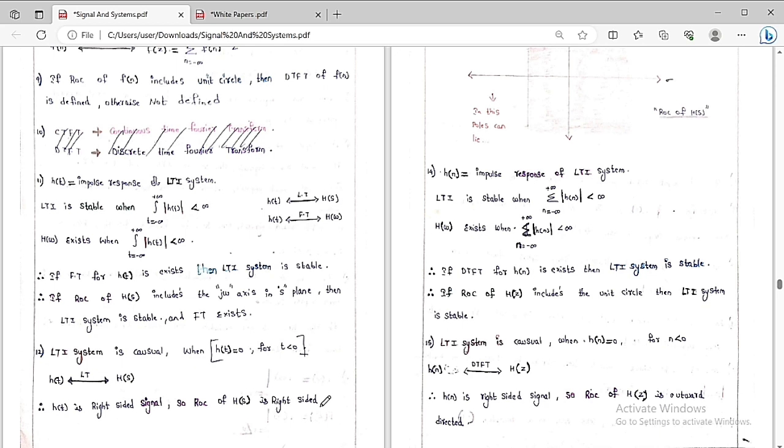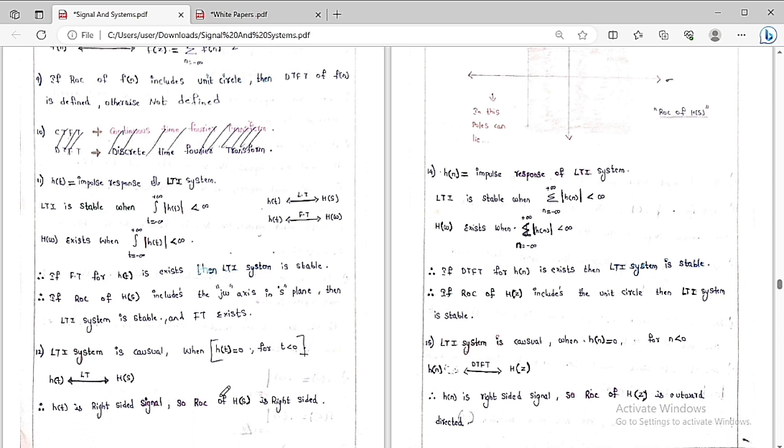If the signal is right-sided, the ROC is also right-sided. If the signal is both-sided, the ROC is a strip between two lines. Listen carefully.